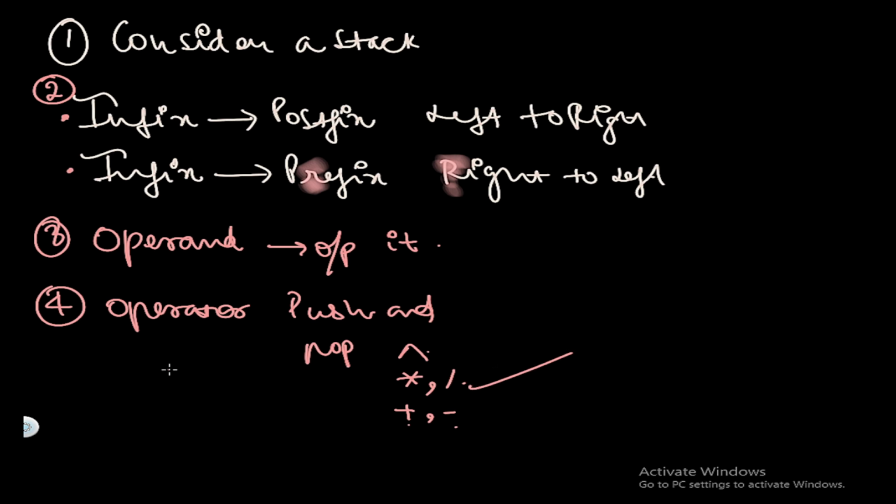So just remember this and you are done. And the fifth part is when you have parentheses. If we get a left parenthesis, then you have to push. If we get the right parenthesis, then we have to pop. And the sixth part is, if the expression is over and you have something left in the stack, pop the stack. So I hope you get a hint of how we solve this particular question.